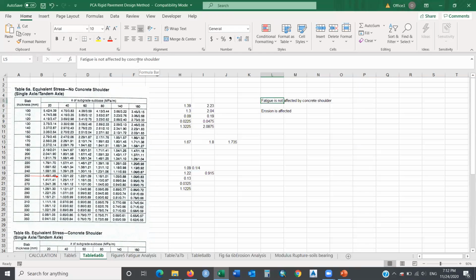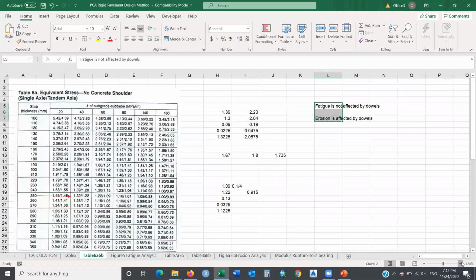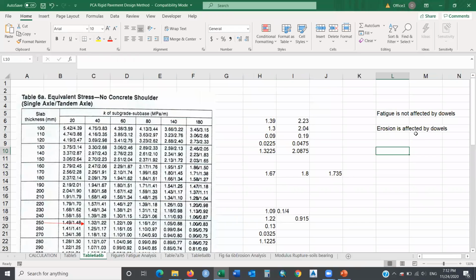Pardon, fatigue is not affected by dowels. Okay, so this is the main distinction you need to get out of this, how they are affected.